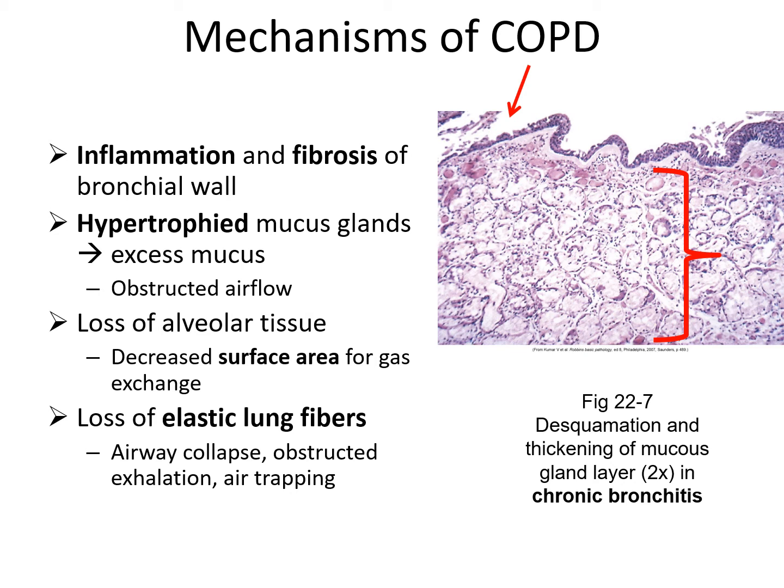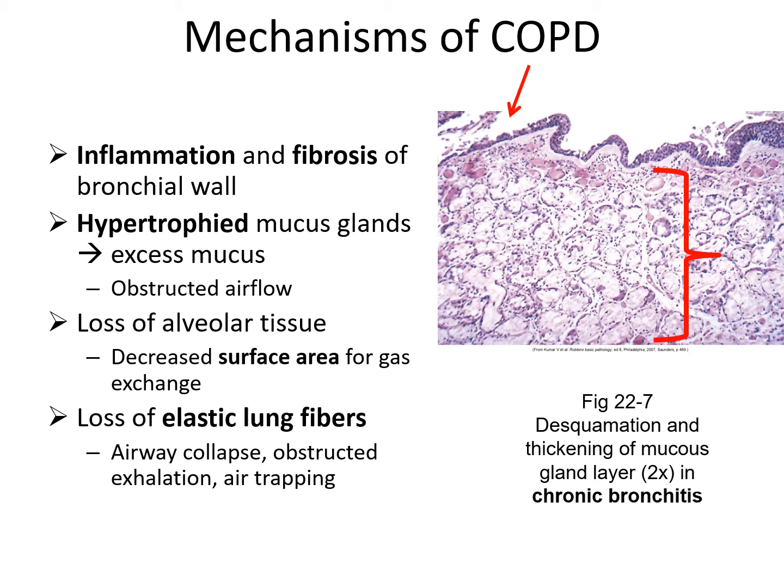We also have loss downstream. Once you get to the alveolus, we'll lose our alveolar tissue, particularly in emphysema. So the surface area of the lung has been diminished significantly as well, and we can't exchange gas anywhere near as well. And then finally, a very important one is the loss of the integrity of the lung fibers.